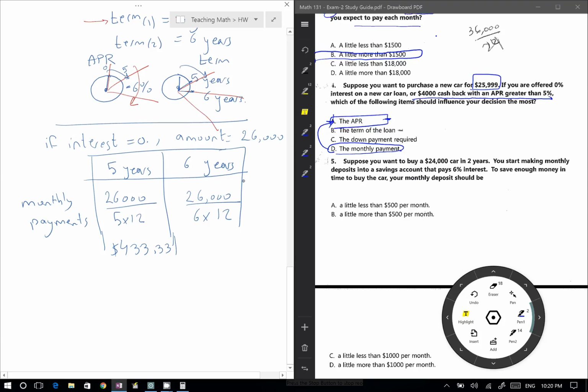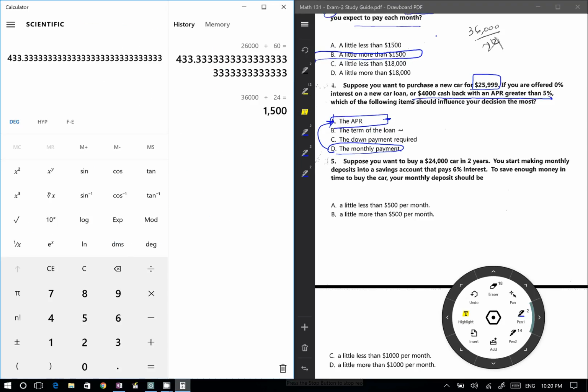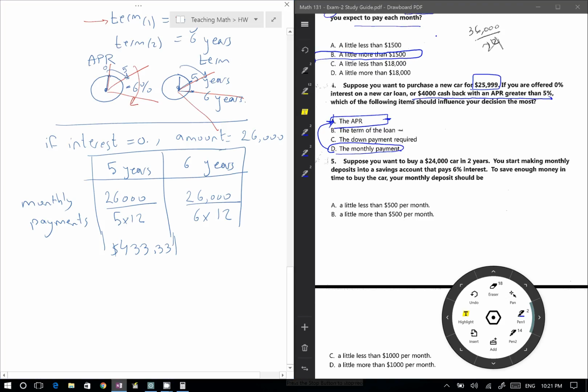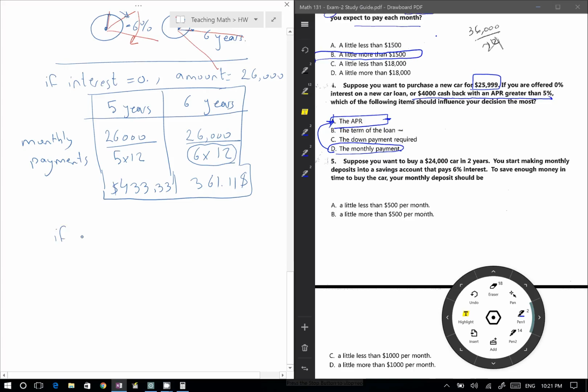Now this is 26,000 divided by 72. 26,000 divided by 72 is 361. Of course, 12 times 6 is 72. Okay, so these are my monthly payments if I did not have any interest. But I do have interest. So if interest is equal to 6%, my monthly payment, I have to use that ugly formula.